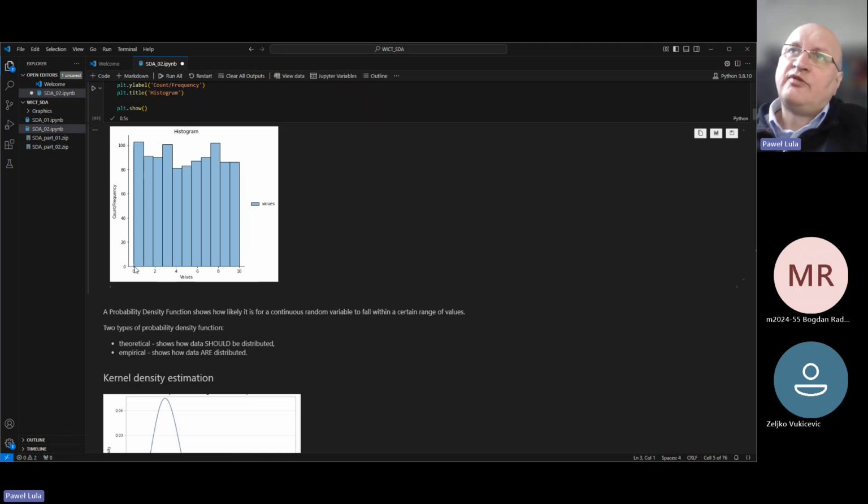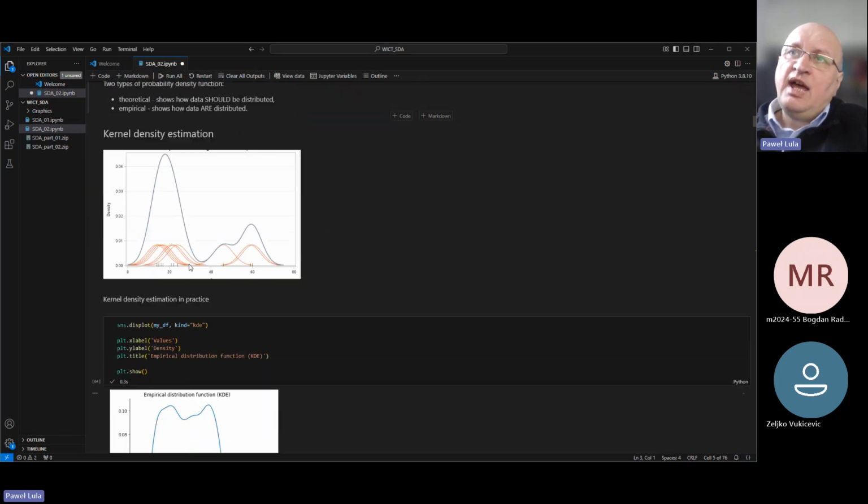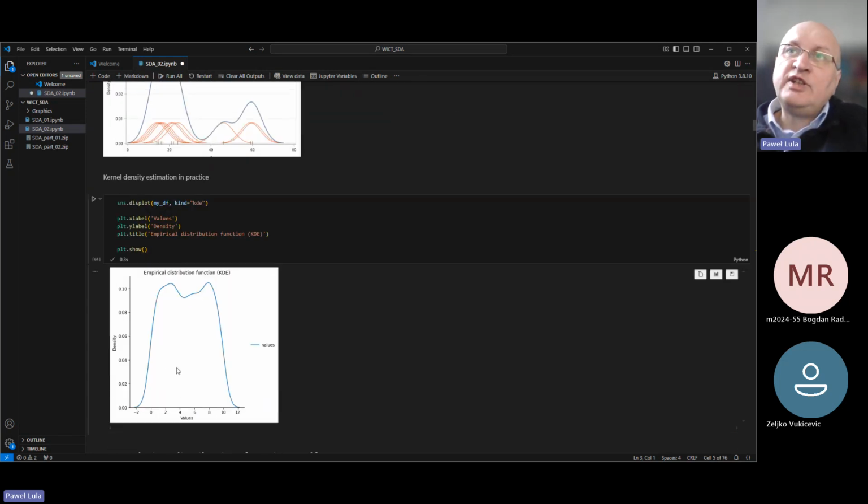We have here values from 0 to 10, and here we know how to interpret these rectangles. It is the number of elements from every interval, from every range. And here, the way of interpretation is the same.